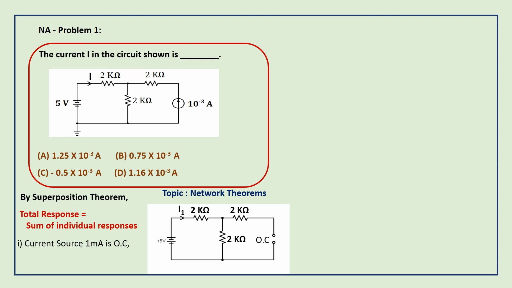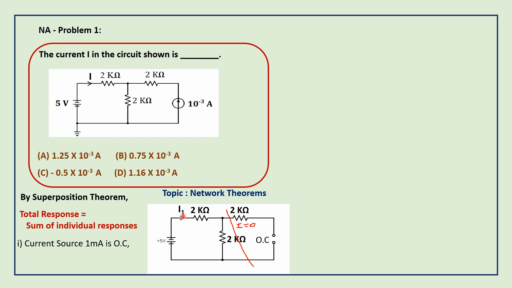So current I equals 0, and directly we can discard this loop itself. If we discard this loop, then the circuit has only 5 volt in series with 2 kilo ohm resistances. Here I1 is the current due to 5 volt acting alone in the circuit.